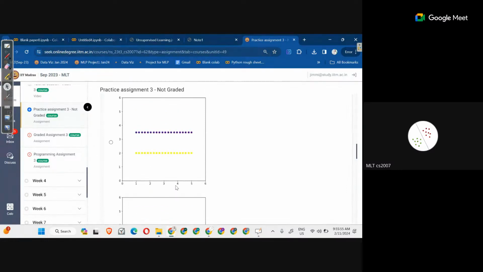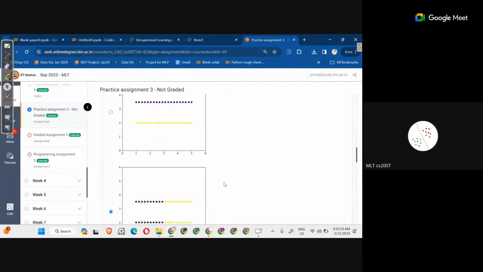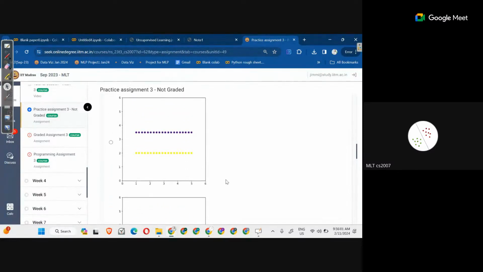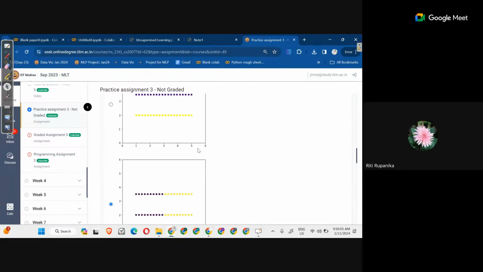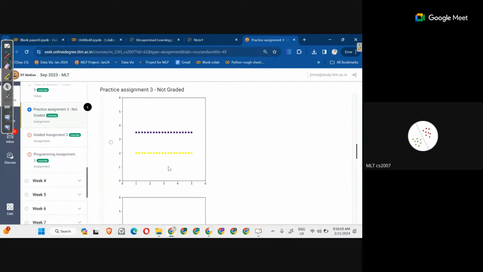Why not the first one? Because K-means divides the data linearly, it bisects. Here also it is possible: if I plot like this, this is our half space, then here is one cluster and here is another cluster.